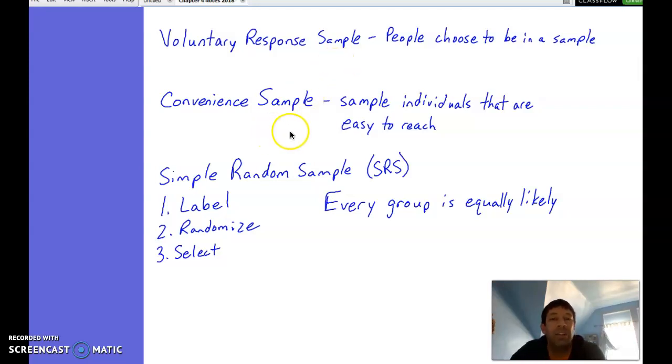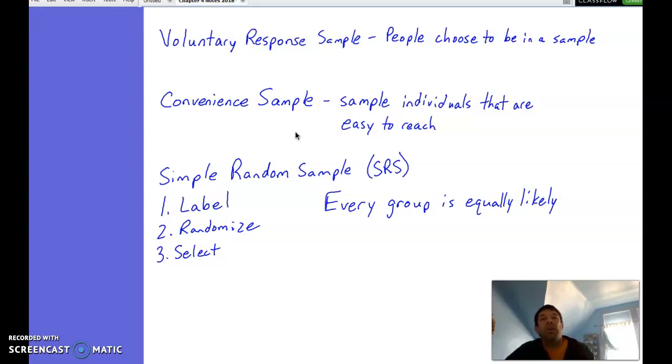We also have a convenience sample, and that's when you sample individuals that are easy to reach. So maybe you're going to do a poll, and so you go to the grocery store and stand outside the grocery store at 1 o'clock in the afternoon on a Wednesday, okay? And you poll the people coming out. Well, those people that are shopping at 1 o'clock on a Wednesday may be very different than the people that are shopping at 6 o'clock at night on a Saturday, or 8 in the morning on a Sunday.